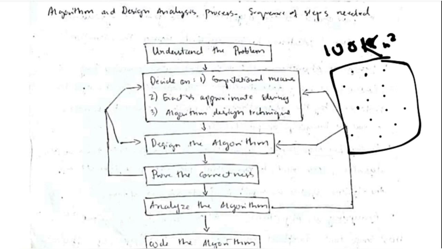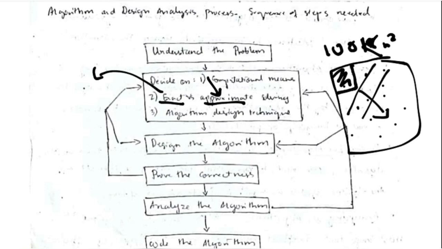So what we can do is go for approximate solving. Exact was for the swapping of two numbers because it's a small task, and for a greater task you have to go for approximate. Here we can just calculate the people living in 1 square kilometer and multiply it by 100, so we get an approximate idea of how many people are living there in a very short time.